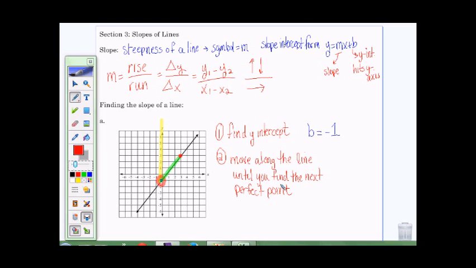Once we found that point, I'm now going to count the steps I'd have to take to get from the y-intercept here to that perfect point there.